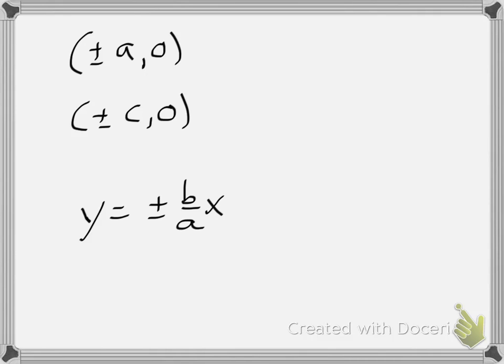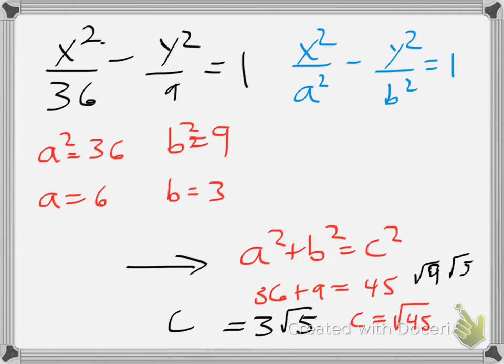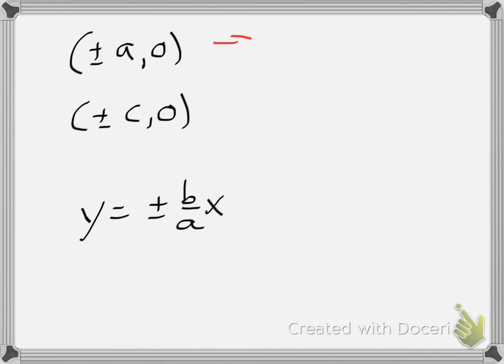So the simple form for our vertices is plus or minus a, comma 0. Since we determined a, again, was 6, we can say that our vertices are at the points 6, 0 and negative 6, 0.